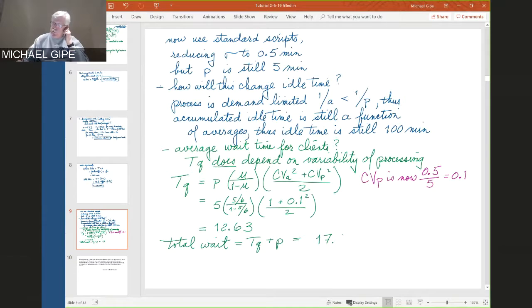Sorry, 12.63 plus 5 is 17.63 minutes. So this is now shorter, and you can compare it to the original time, which was 25.5 minutes when the processing time had higher variation.